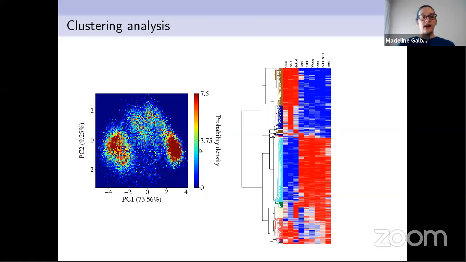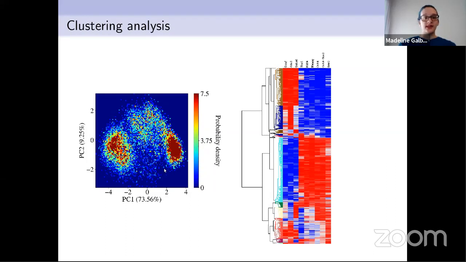So on the left, you have the principal component analysis of the steady states, and you can see that there are two large clusters. So this is the probability density projected onto the first and second principal components.